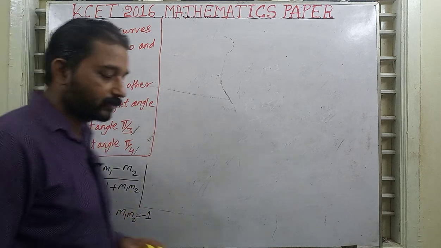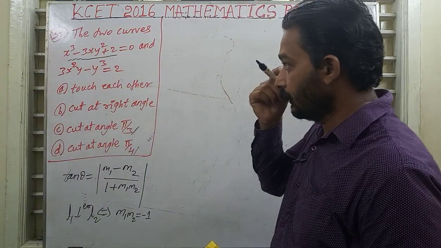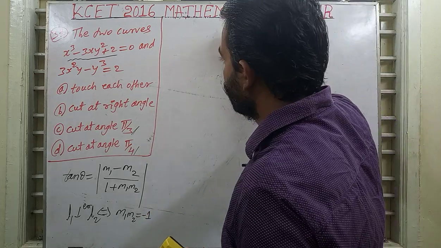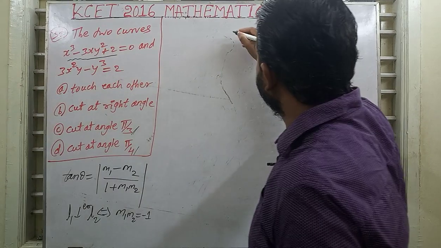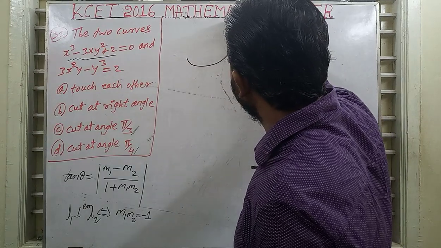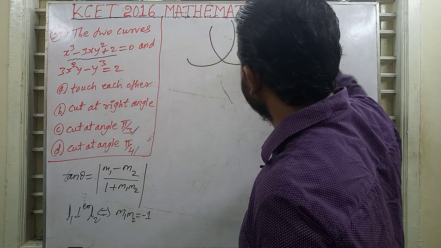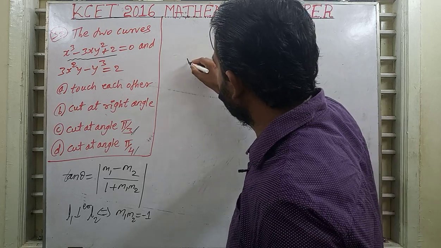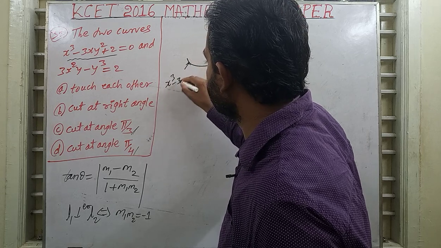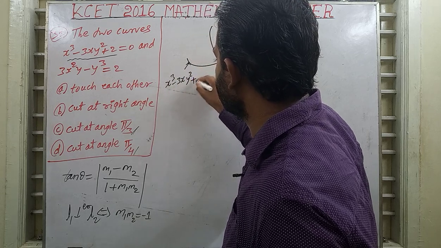Okay, now let us solve this question. Draw a rough figure of this question. Two curves are there. First one, this type. Second one, this type. So the first curve is x cube minus 3xy square plus 2.